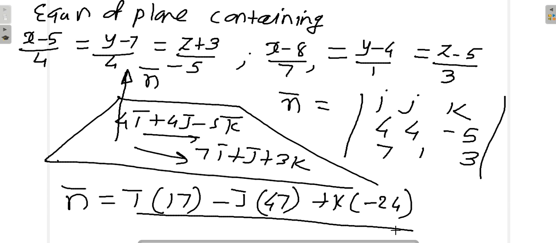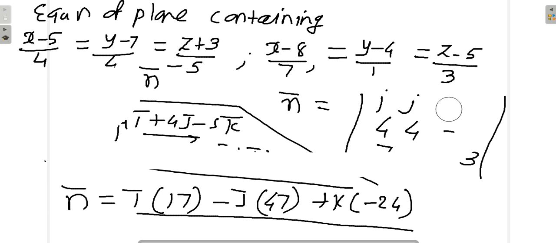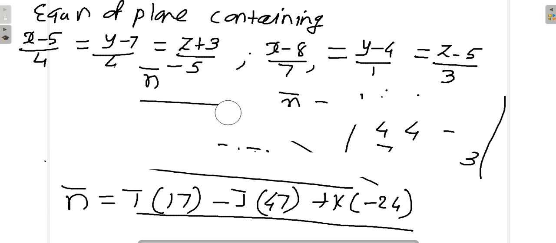Now if this is the normal vector, then what is the equation of plane? The equation of plane is given by ax plus by plus cz equal to d, where a, b, c are the direction ratios of the normal.